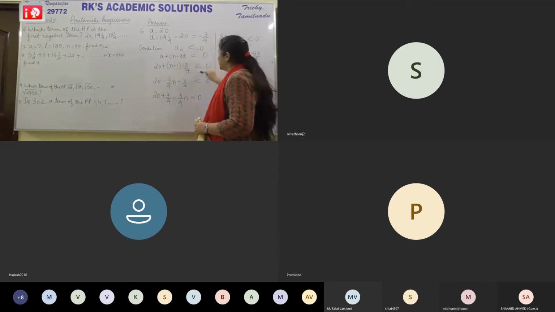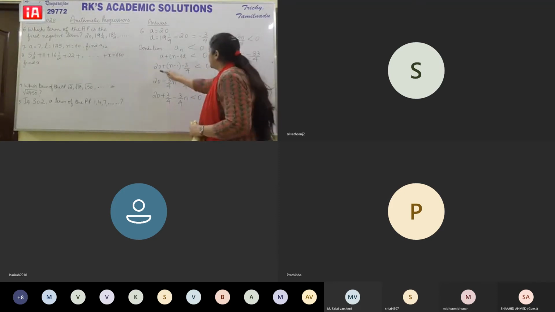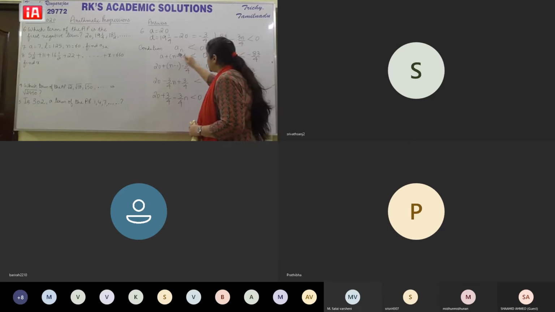But since you're working with an inequality, we need to be careful. After filling in the values, we'll see how to simplify. It is 20 plus n minus 1 into d, multiplied by minus 3 by 4. You need to multiply the terms of this bracket by minus 3 by 4.